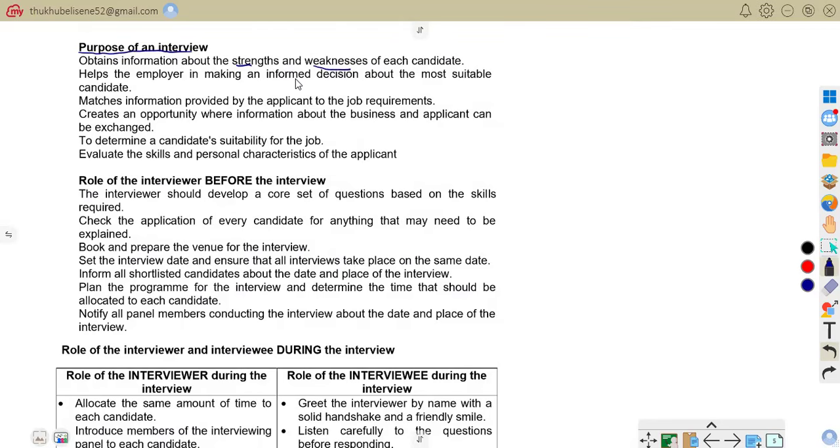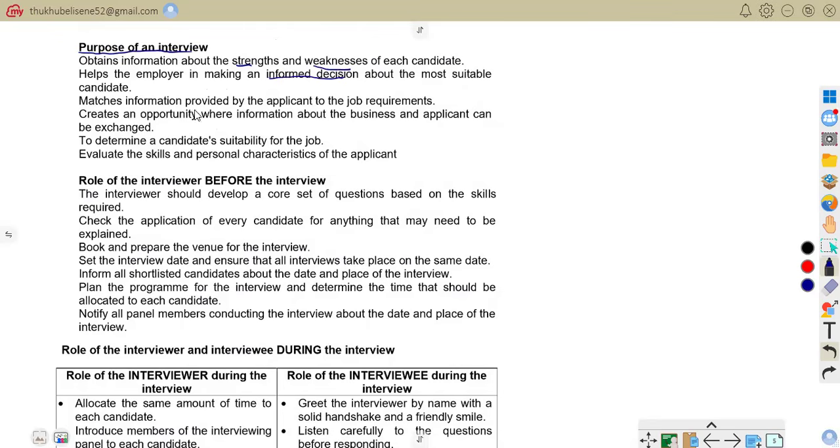It is through the interview that you know the strengths and weaknesses of the candidate, because we are not going to rely only on the applications and CVs, but the oral interview helps us know if this is the right person to fill the post. It helps the employer make informed decisions about the most suitable candidate, so it helps in recruiting the right person for the post.